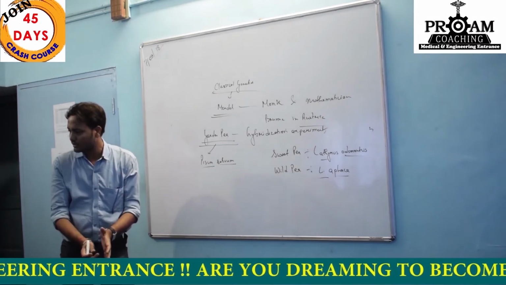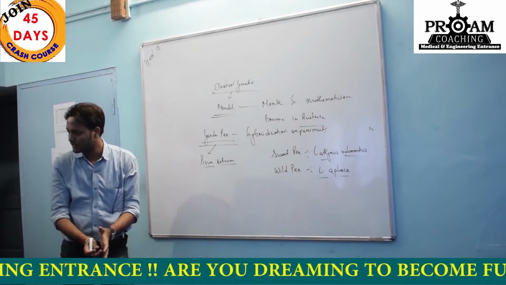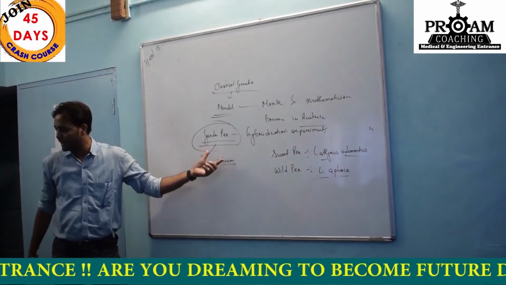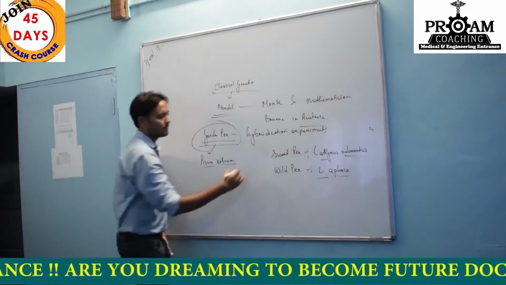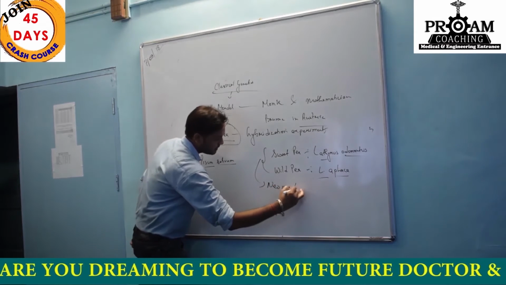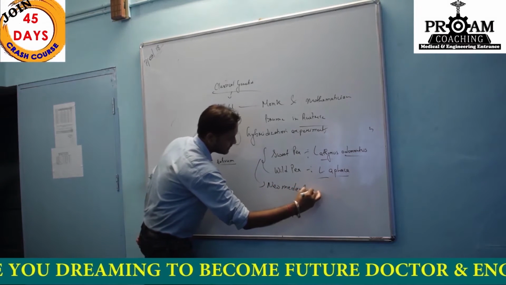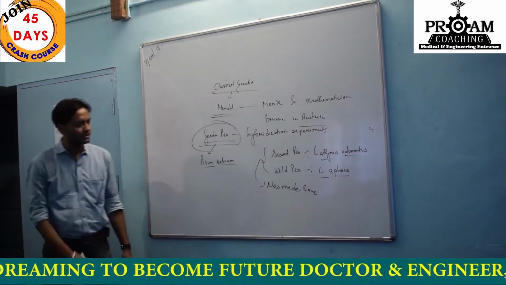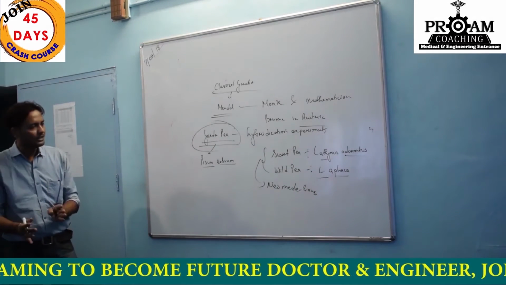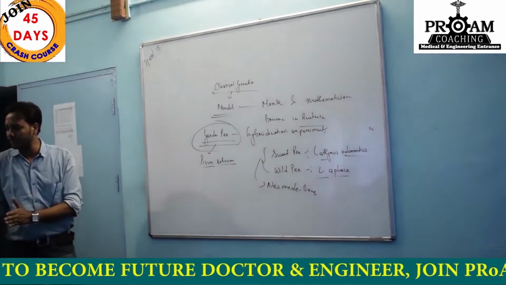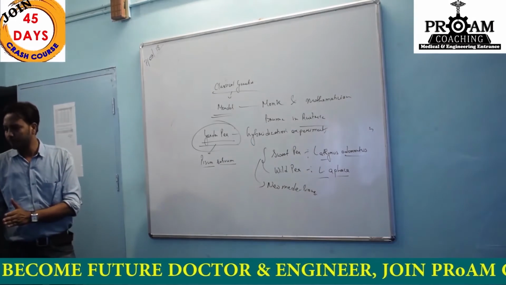but by different scientists. Basically, Mendel performed on garden pea, but the neo-Mendelians, do you know the meaning of neo-Mendelians? Neo-Mendelians means those scientists who repeated the experiments previously performed by Mendel.